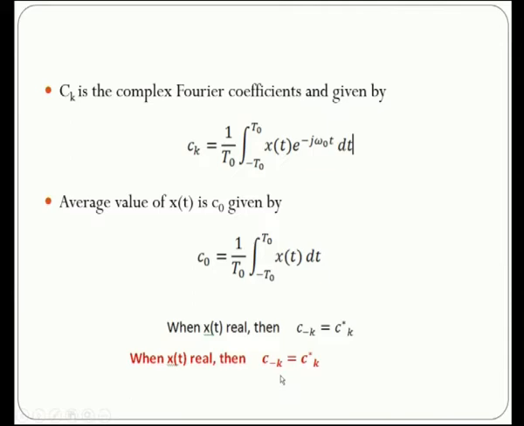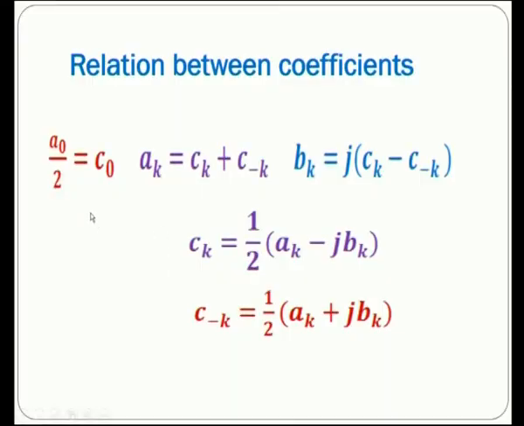Now we will find the relation between the complex coefficients and the trigonometric coefficients. If we know this, then we can easily obtain the representation. That is, A0 by 2 is equal to C0, the average value. Then Ak is represented as Ck plus C minus k, which is the conjugate of the signal.